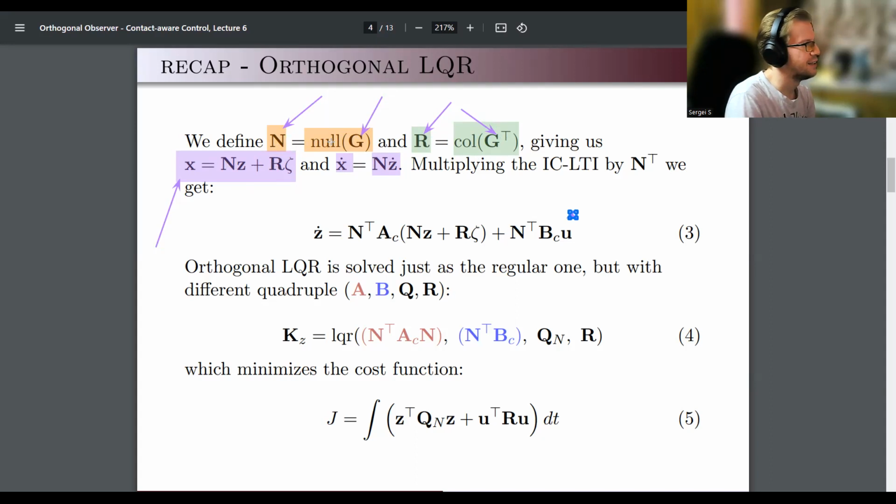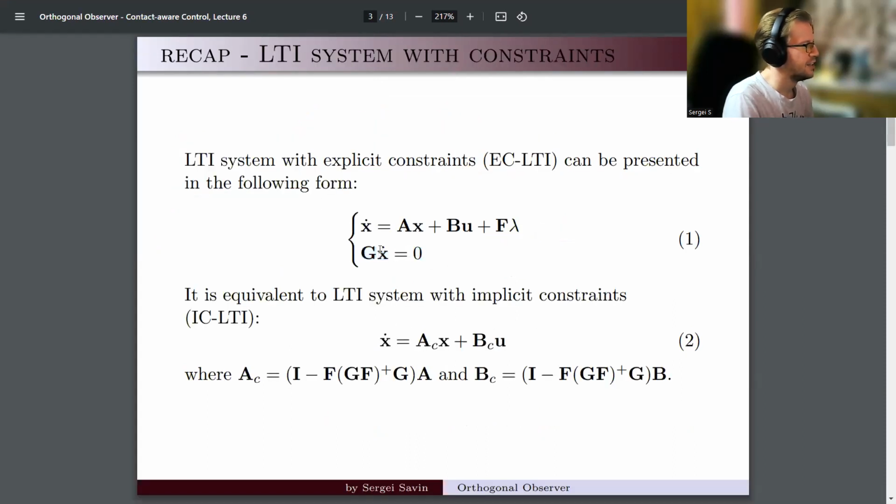Why? Well, because we have the expression of the constraints here, right? So G x dot equal to 0.